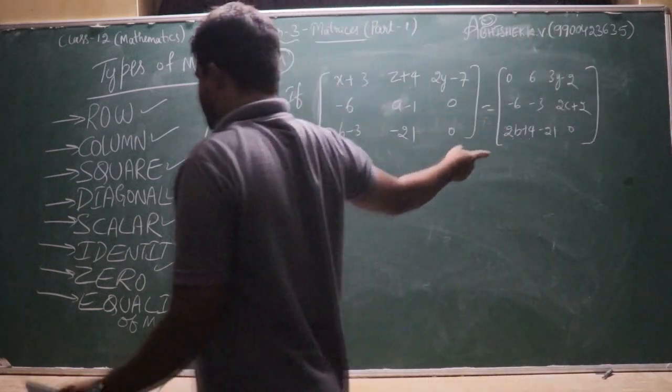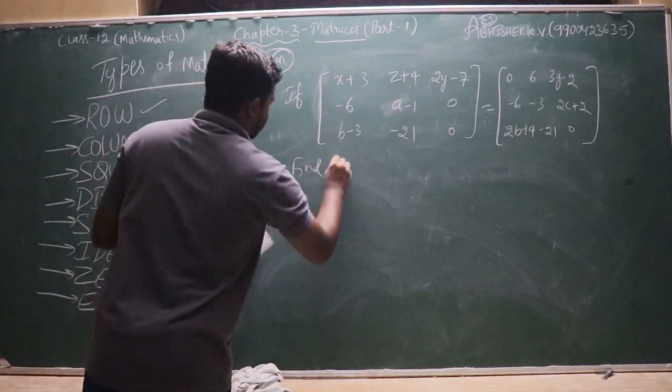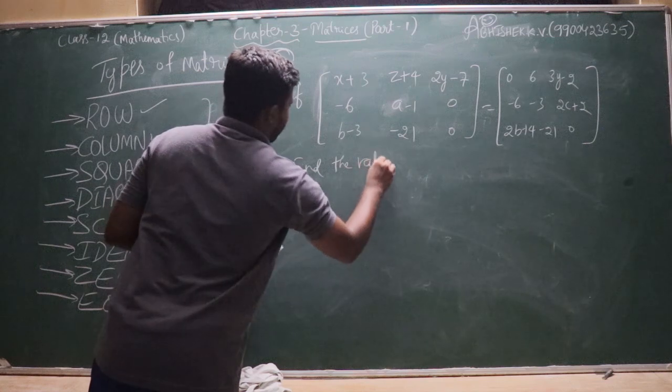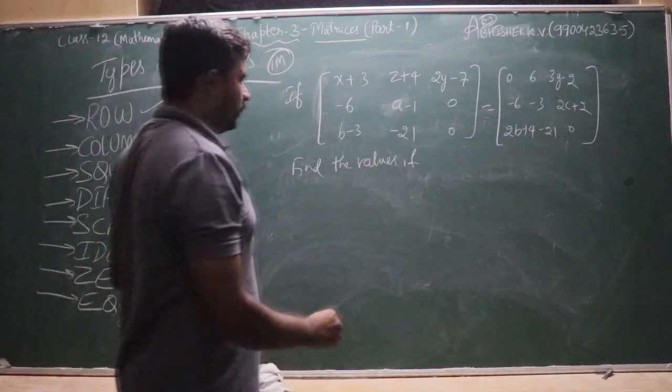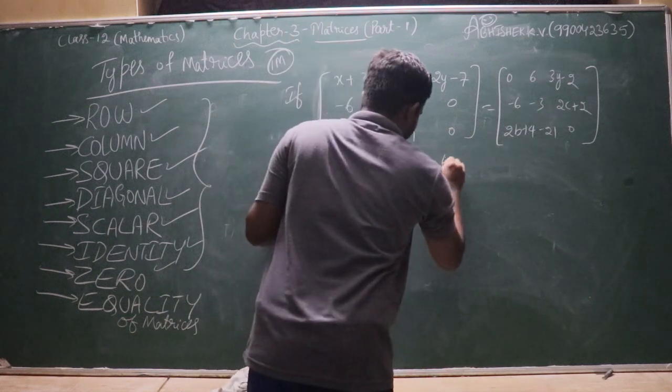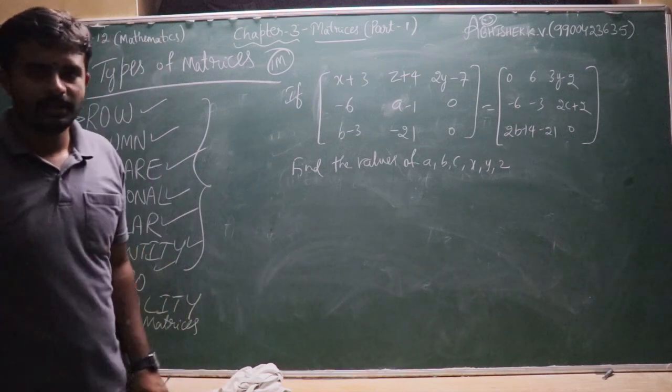If this matrix is equal to that matrix, find the values of a, b, c, x, y, z.